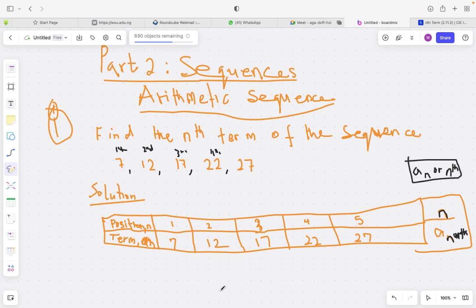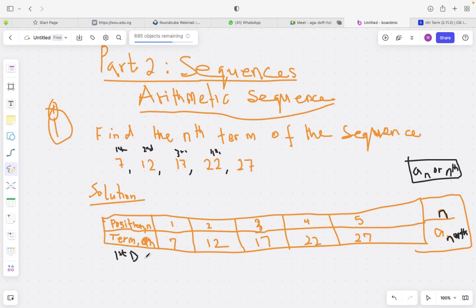Now, if they say find the nth term of this sequence, you don't know whether it's an arithmetic, geometric, quadratic or cubic sequence, and so on. So how to find out is to find the first common difference, what we call the term to term rule. We make another row for this table, first difference.